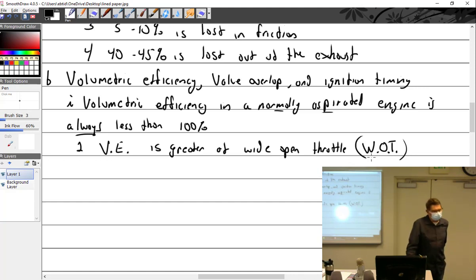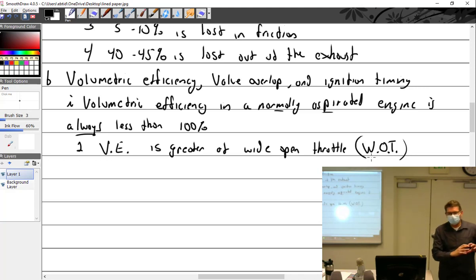Okay, so why would my volumetric efficiency be better at wide open throttle? Because you're letting in the most fuel. Most air, most fuel, most everything. Everything is open all the way. Yeah, pretty much. So we have a pipe going into the intake system, and we have a carburetor, fuel injector, something else. But inside there, we've got that butterfly valve that opens and closes. Well, if it's mostly closed, then this thing is really sucking hard.